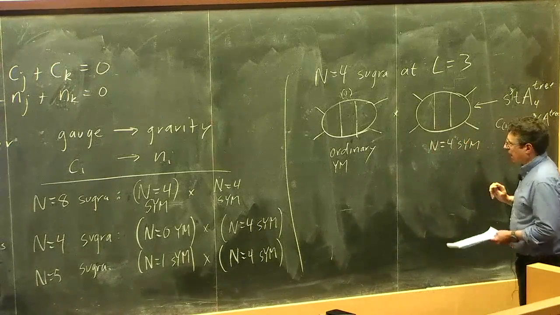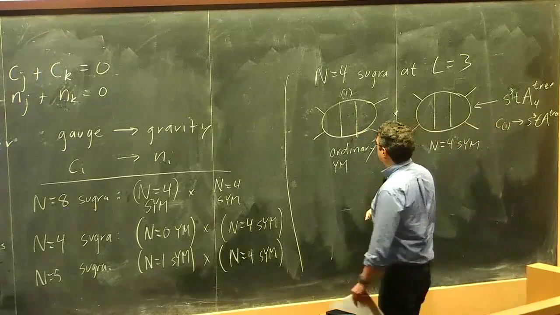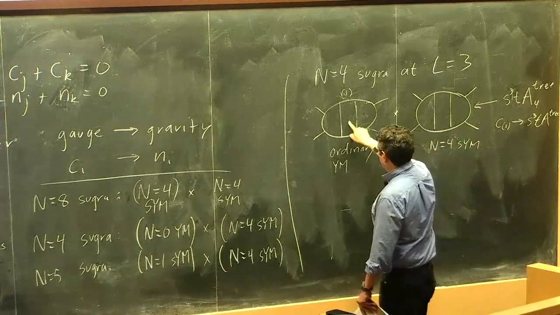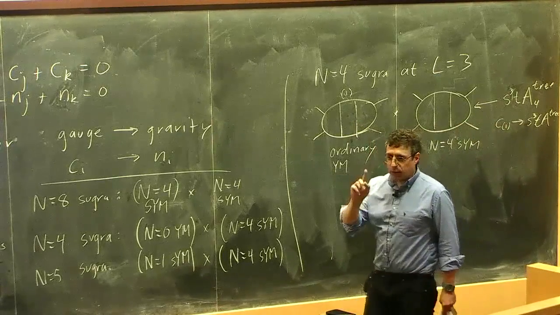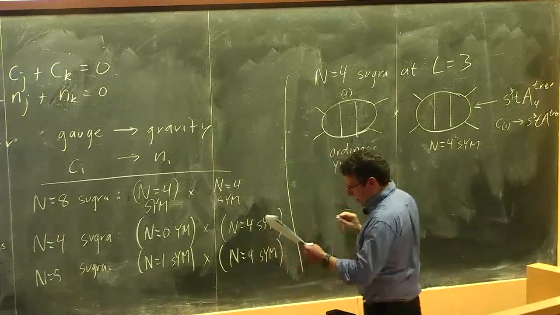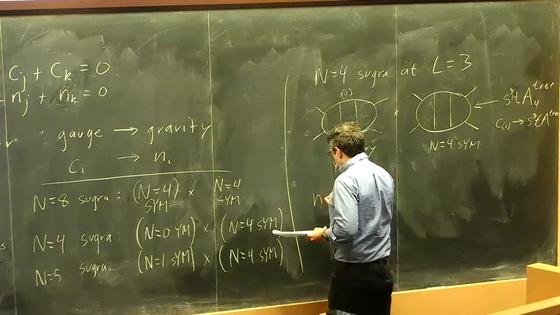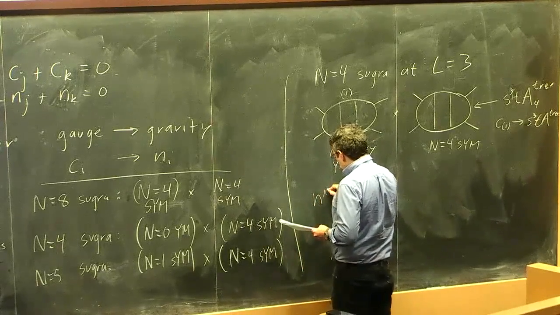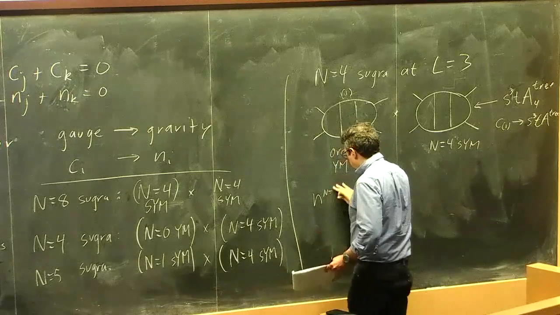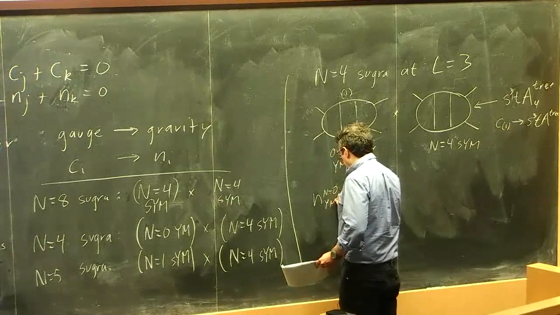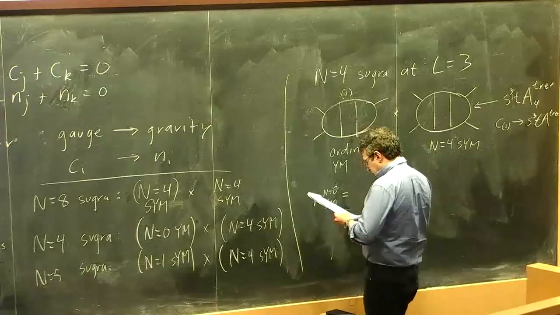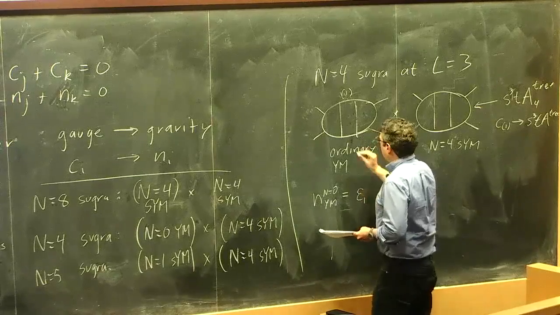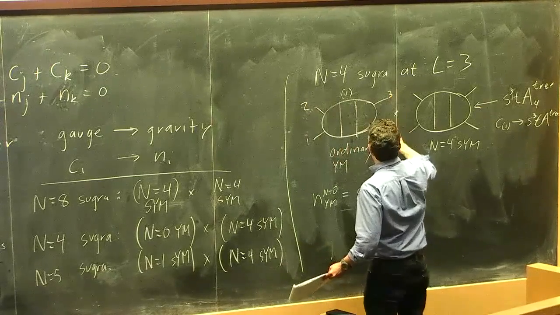counting. Okay, so let's look at ordinary Yang-Mills, and let's just find one term that's interesting. So I had one term for ordinary Yang-Mills, so we'll call it n equals 0, the numerator of it. There's one term in there that looks like this.